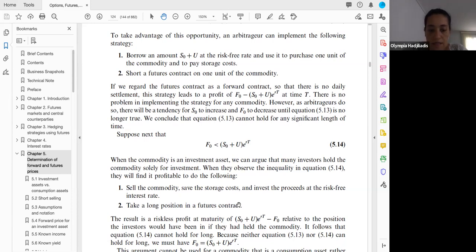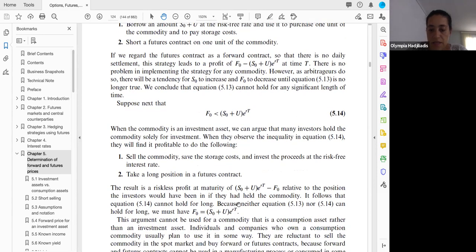The result is a riskless profit at maturity of (S0 plus U) e to the RT minus F0 relative to the position the investors would have been in if they had held the commodity. It follows that equation 5.14 cannot hold for long, because neither equation 5.13 nor 5.14 can hold for long. We can have equality. However, this is true for an investment asset.